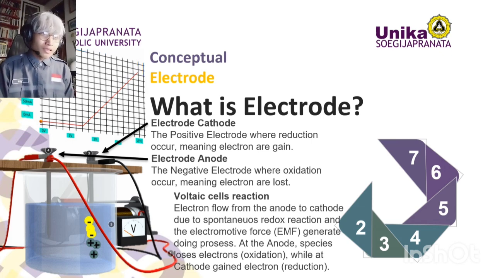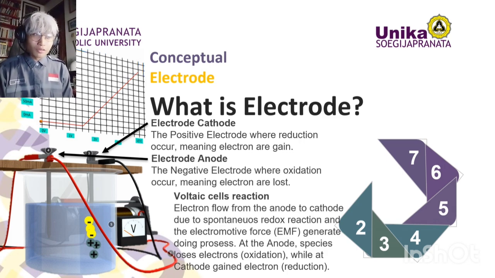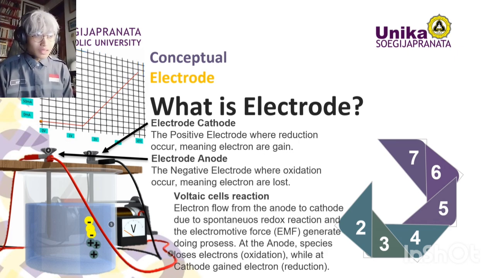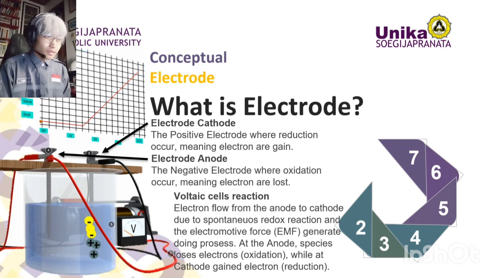So you can see here the voltaic cell reaction. The electron flows from anode to cathode due to the spontaneous redox reaction, and the electromotive force, EMF, is generated during the process. At the anode, species lose electrons, which is oxidation, while at the cathode they gain electrons, which is reduction. Basically, the anode is oxidation, while the cathode is reduction.